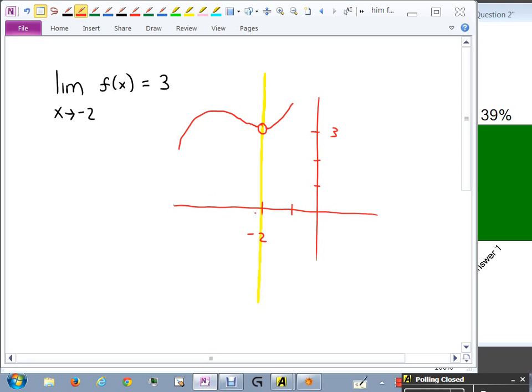So the y value is 0 means I'm down here, and I'm putting a solid dot there. So if you were walking along this function, as you come into -2 from the left side, you're approaching 3. As you come in from the right side, you're approaching 3. But when you actually get to -2, you're down here at 0.